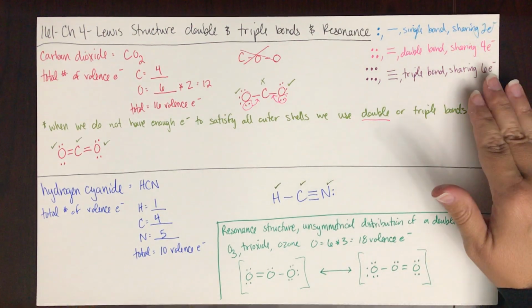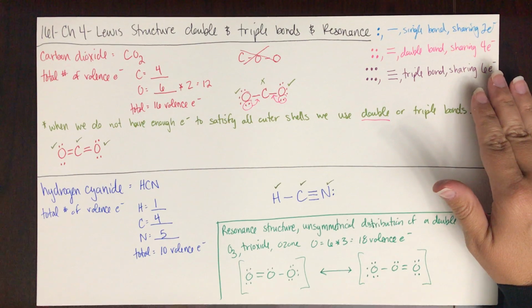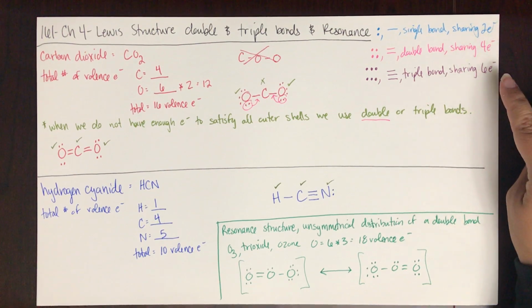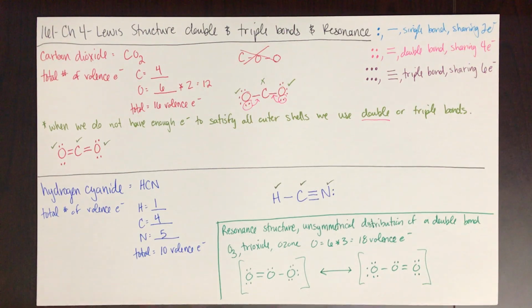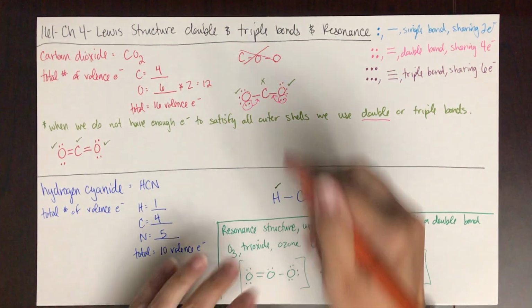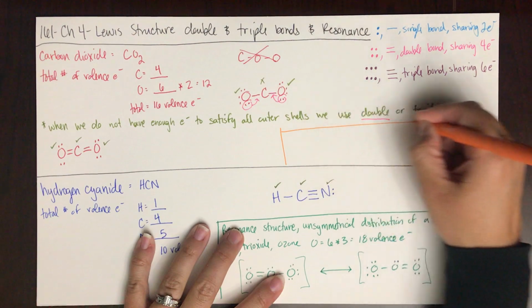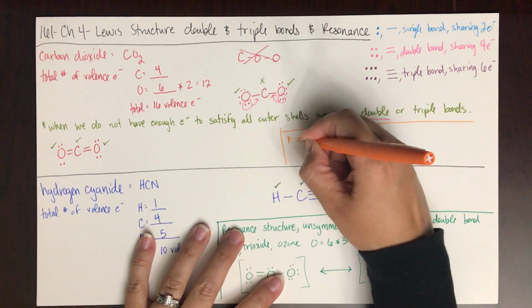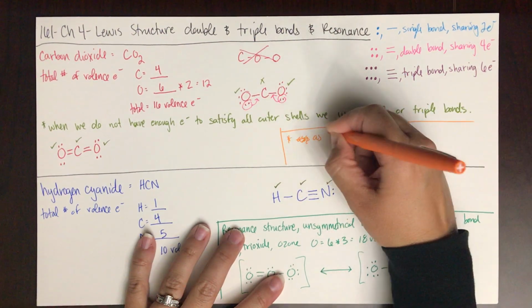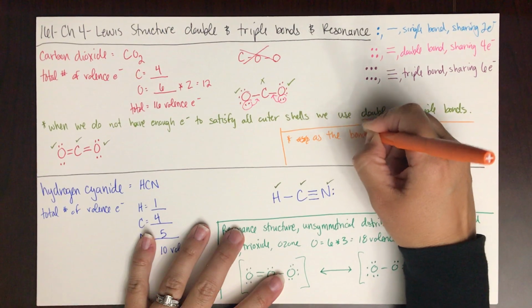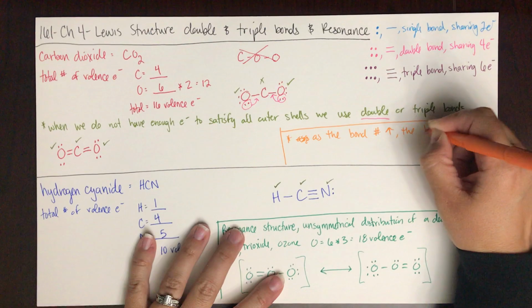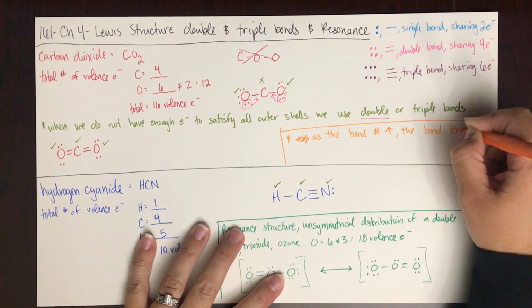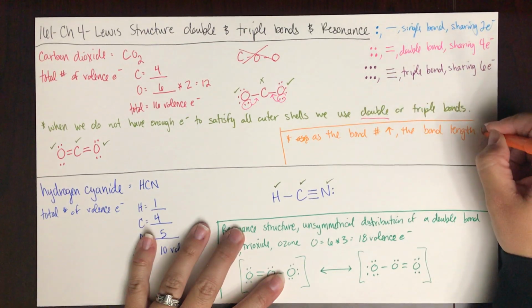One thing to mention that I should have mentioned here is that as the bond number increases, the bond length decreases. I'm going to write that down right here. As the bond number increases, the bond length decreases.